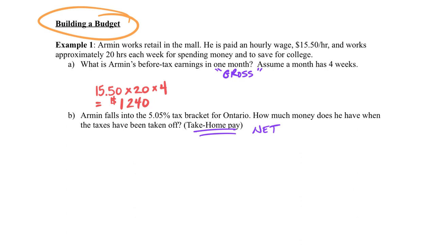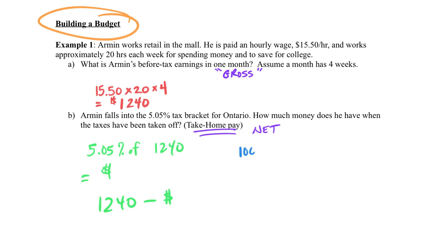I really don't want to take my 5.05% of that amount and calculate it. I really don't care how much is coming off. Although I could do that, find that dollar amount, and then take that $1,240 and subtract it off. My suggestion instead is to find out how much is left over.